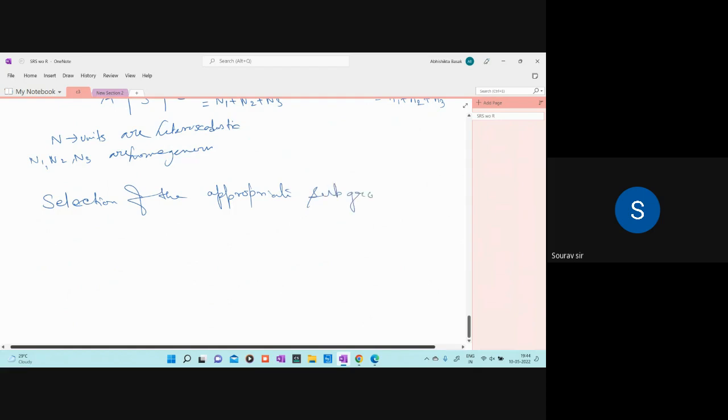These subgroups are basically called strata, because if we don't select the appropriate subgroups properly, that means we are not reducing heteroscedasticity.